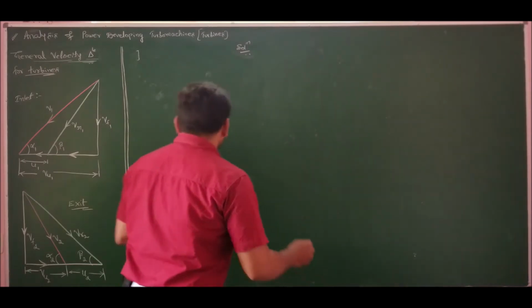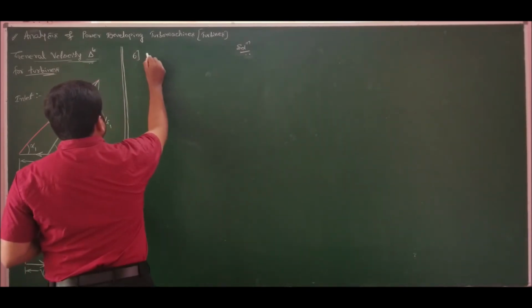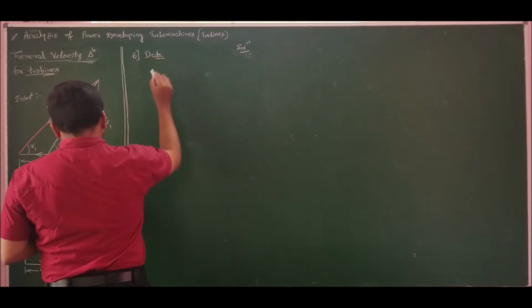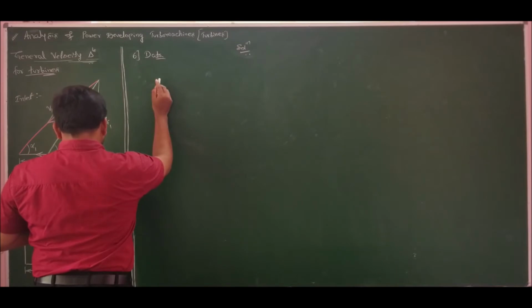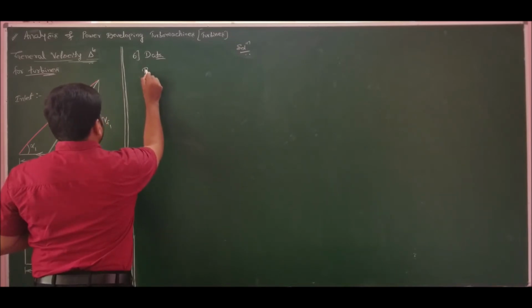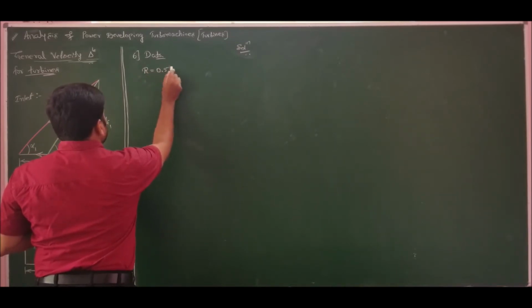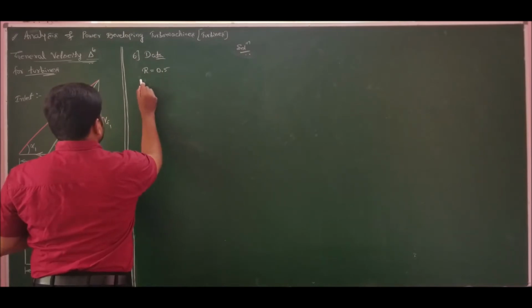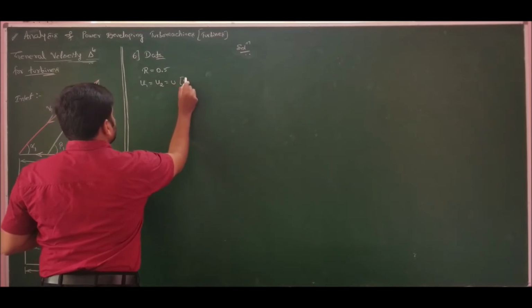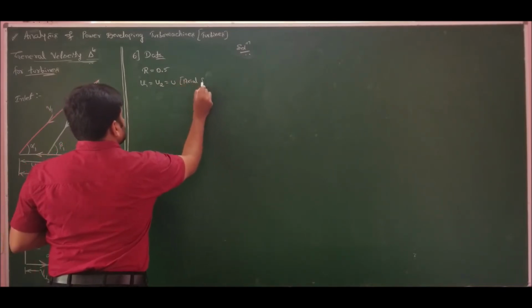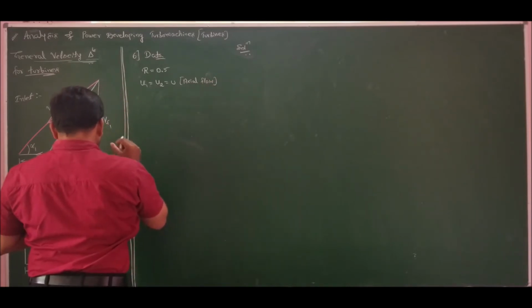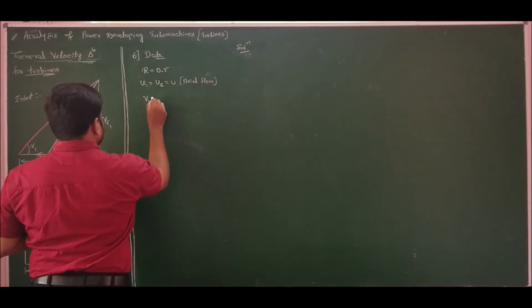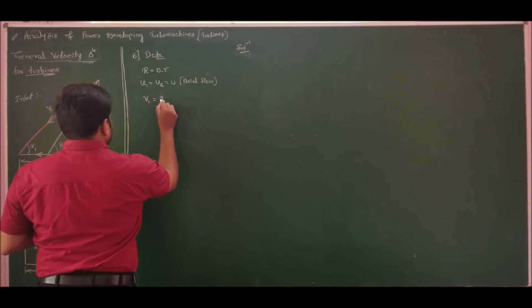So if I list the data given for problem number 6, it refers to a 50% degree of reaction axial flow turbo machine. So R is equal to 0.5 and it is axial flow. Therefore U1 is equal to U2 is equal to U. This is because it is axial flow. The inlet fluid velocity V1, the absolute velocity of fluid at inlet, is 230 meters per second.